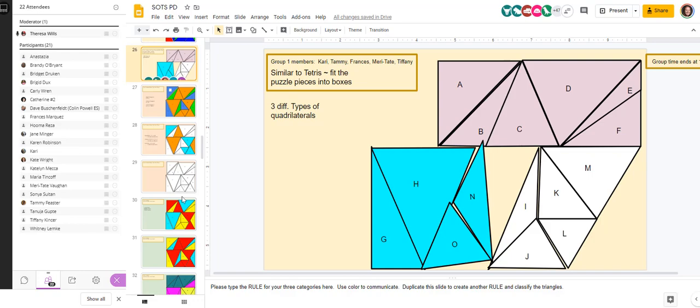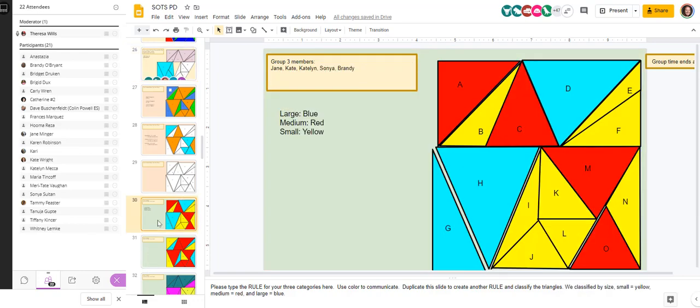Alrighty, let's take a look at slide 30. And group 3, I know you had also thought of many different ways of sorting these, but what does slide 30 mean to you? I can jump in and share.